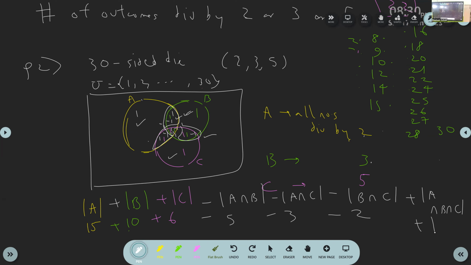And when we counted, you also got the answer 22. So if you are using two methods and getting the same answer, hopefully you are on the right track.